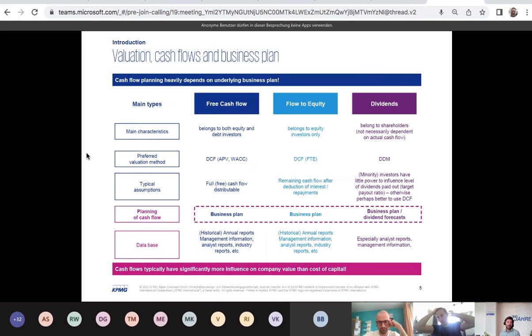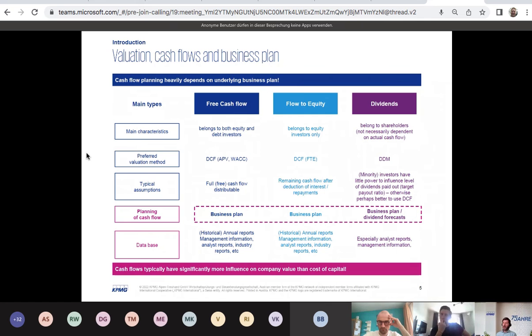Based on the business plan, you would then calculate your free cash flows and discount them if you use, for example, the APV or the WACC method.